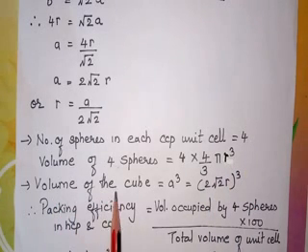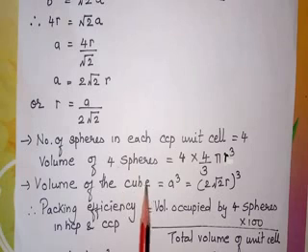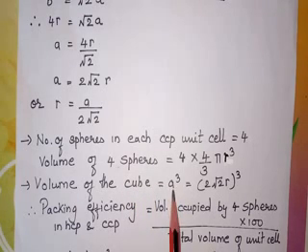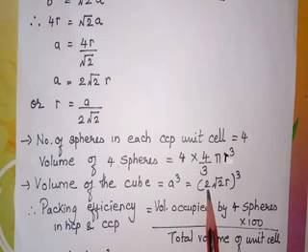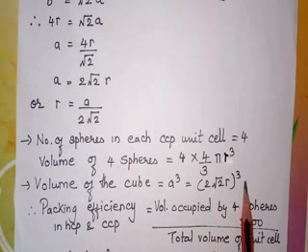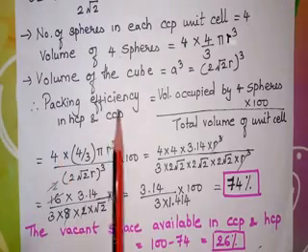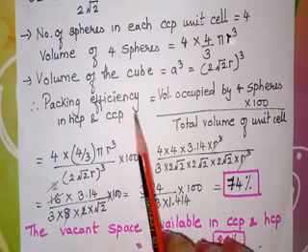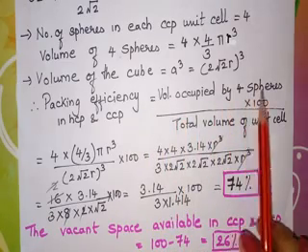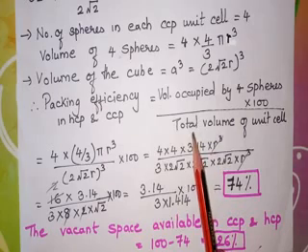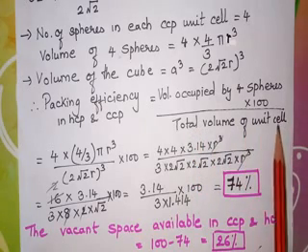Now the volume of the cube, that is the unit cell, will be equal to length cube, that is L cube, is equal to A cube. So A you have as 2 root 2 R. So A cube will be 2 root 2 R, the whole cube. Packing efficiency in HCP and CCP will be equal to volume occupied by 4 spheres into 100 upon total volume of the unit cell.